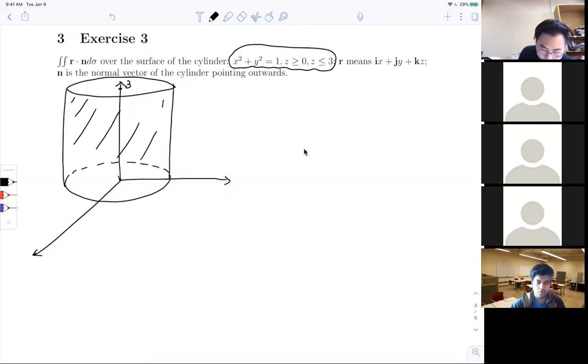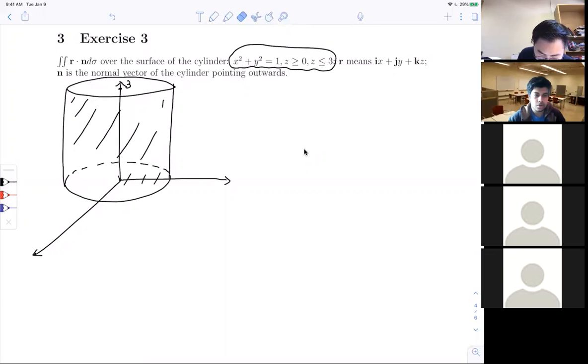So it's not closed because there's a bottom disk and also a top disk. They're not included in this integral. How do you know that? Because the integral region is given by this constraint, x squared plus y squared equals 1.